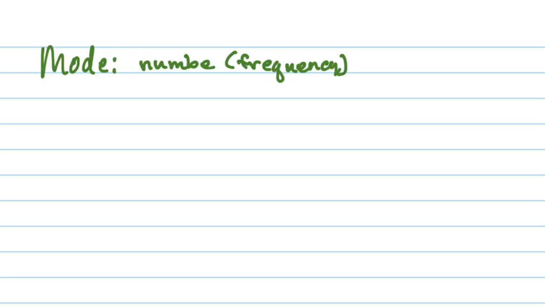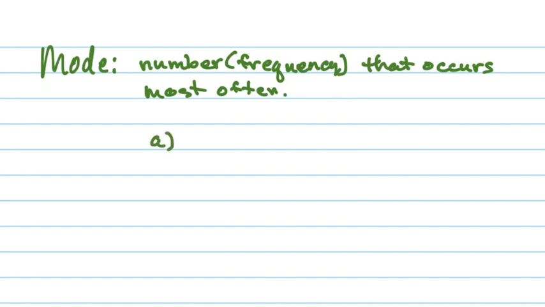So the mode is the number or frequency that occurs most often. So any time you see the mode, that just means the number that occurs most often. There are a couple of cases that can happen. You can have one mode.